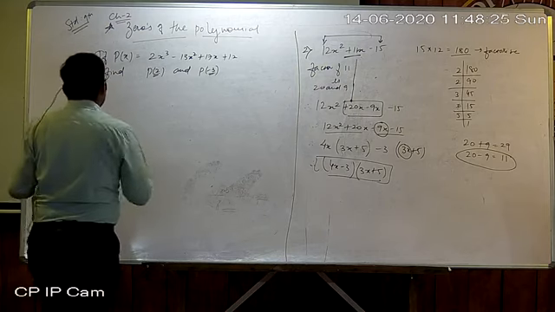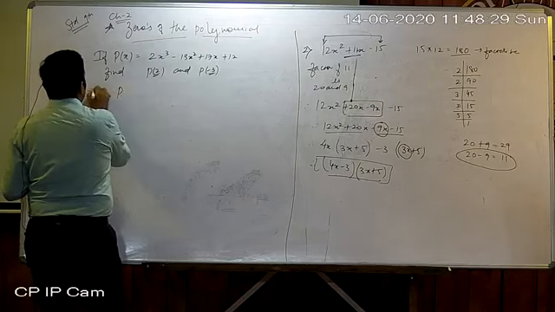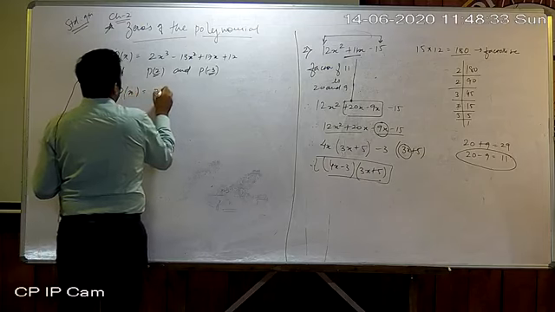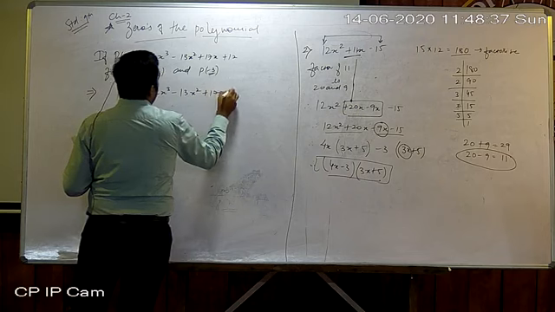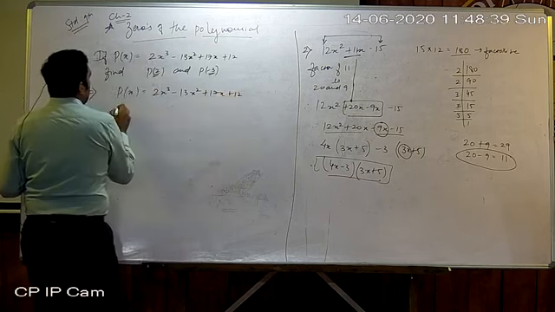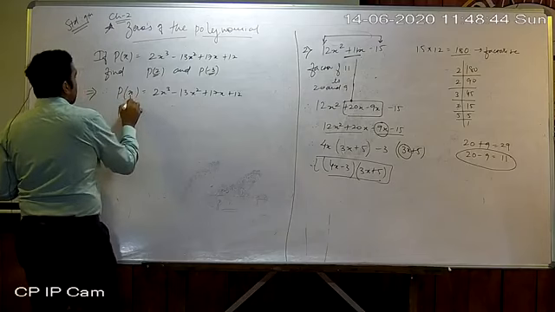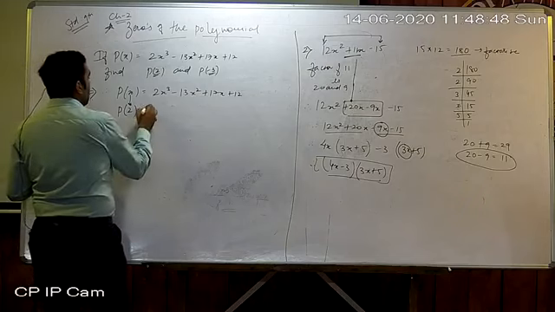Okay, so my answer is, we found the values for the given polynomial. So I'll write the value 2 in place of the x.